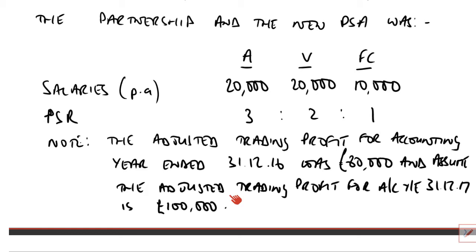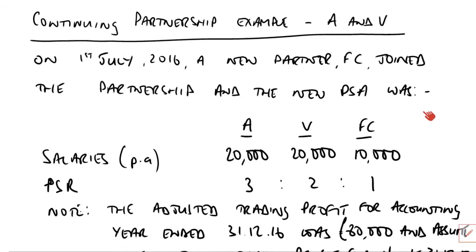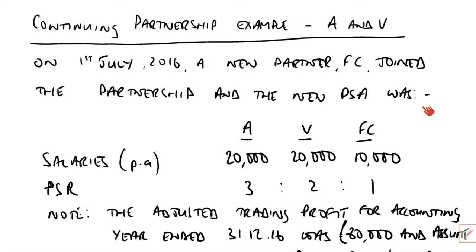Now, we've got the new agreement there. If you haven't got your notes from last time to hand, it would be a good idea now to pause and go back and find what was that old agreement that was in force. Because what we now see, given the information provided here, is that halfway through the accounting year ended December 16, here as you can see on the 1st of July 16, we have a change in the agreement.